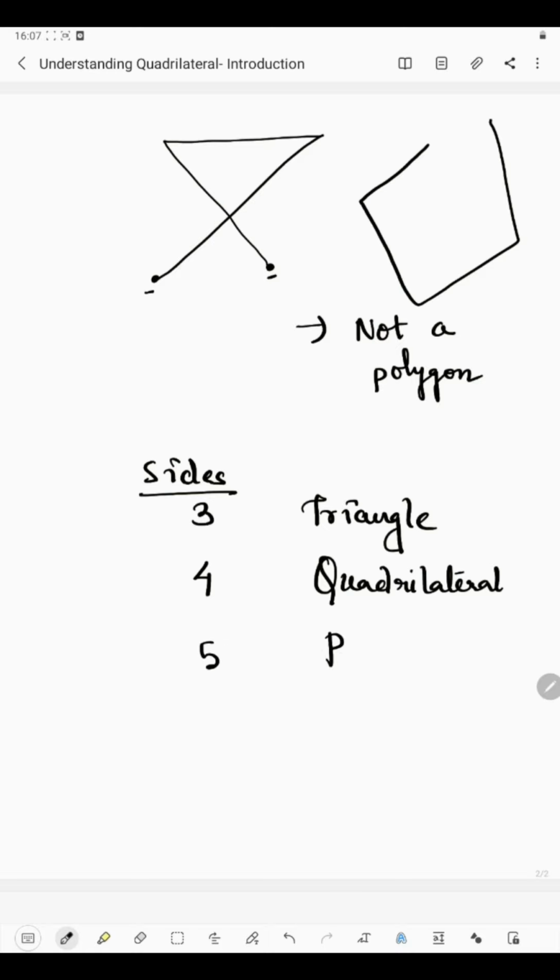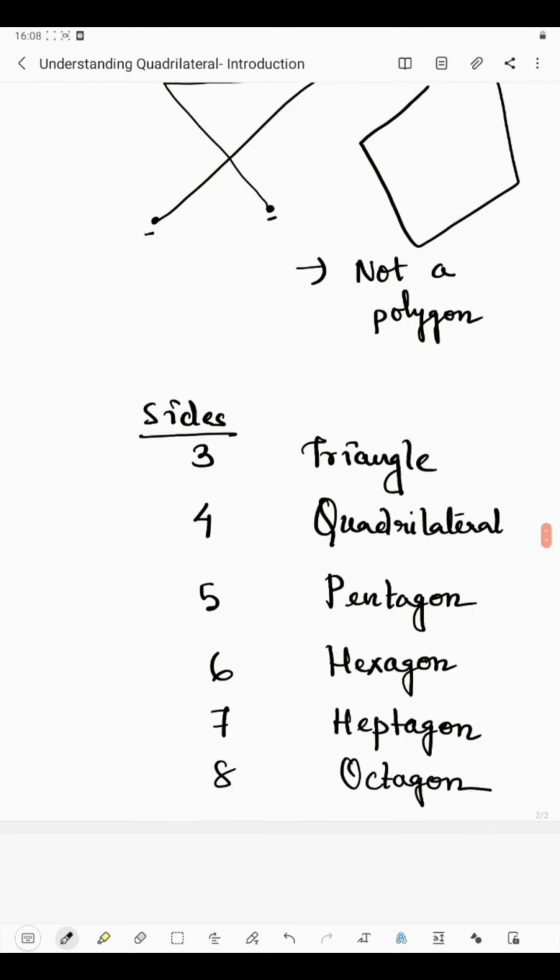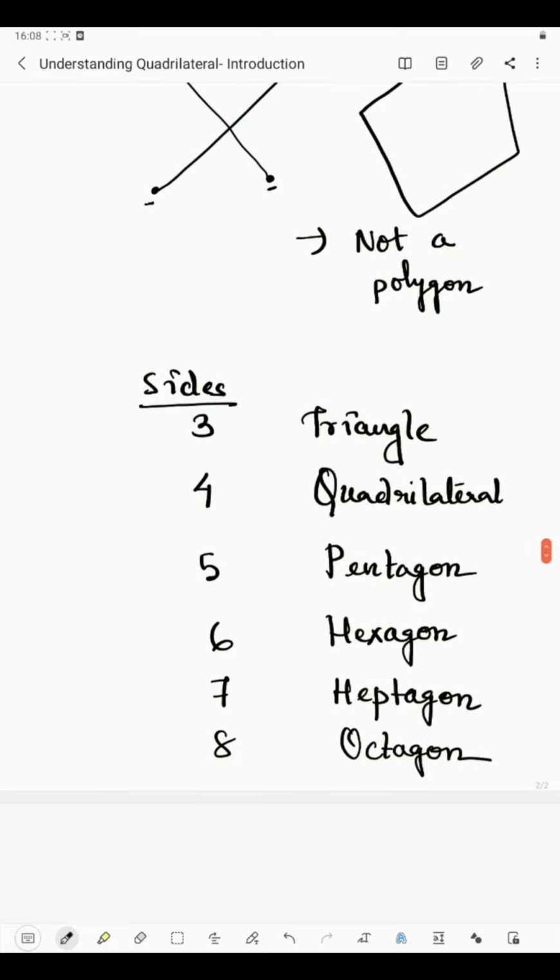A five-sided polygon is known as pentagon. A 6-sided polygon is known as hexagon. A 7-sided polygon is known as heptagon. An 8-sided polygon is known as octagon, like this. A 9-sided polygon is known as nonagon. A 10-sided polygon is called decagon.